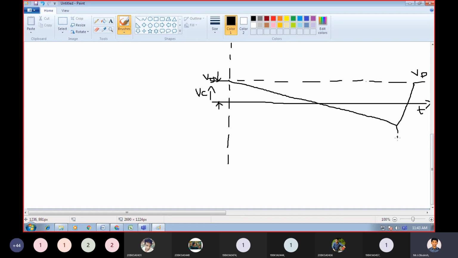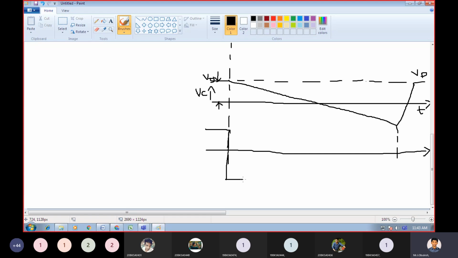Up to this, we need to draw the output waveform. This is the capacitor C waveform. Now we need to draw the output waveform. That output waveform we need to draw from plus V saturation to minus V saturation. This is the plus V saturation.